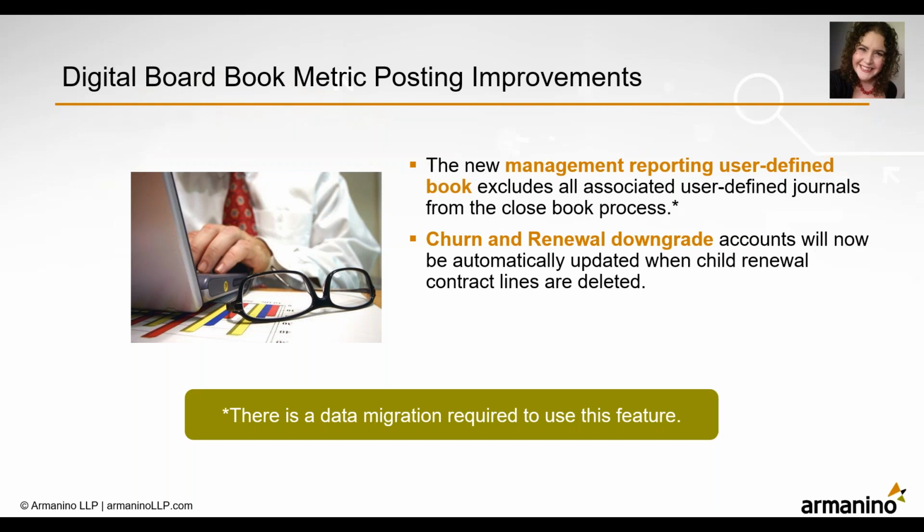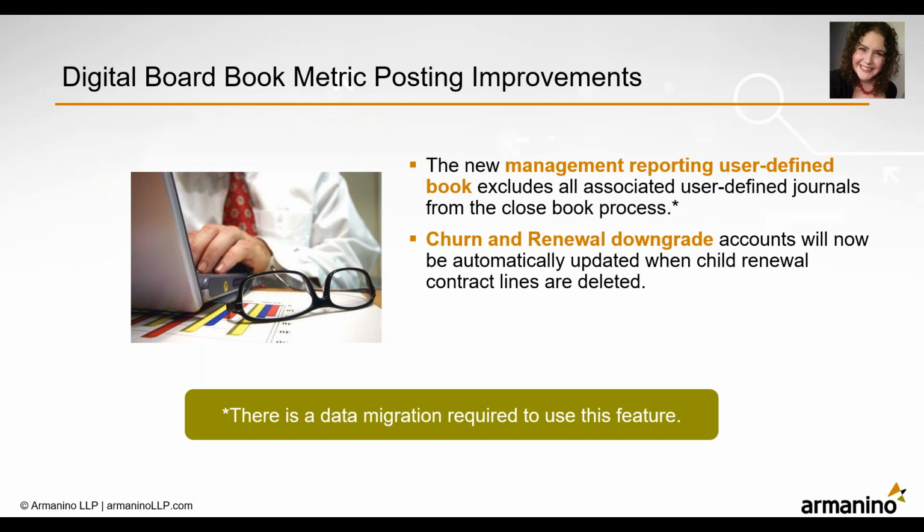Okay, so a couple of the other updates to the digital board book are related to churn and renewal downgrades. Previously, if you had a renewal contract line that was deleted, the system deleted the digital board book entries related to the renewal for the source and for the child contract lines, but it didn't update the renewal downgrade or the churn account.